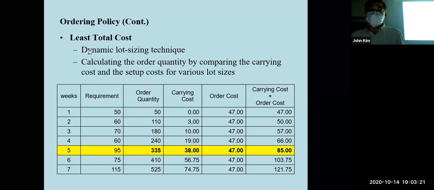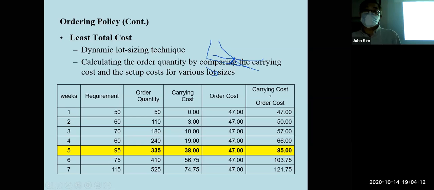From this idea, as we increase the order size, the ordering cost decreases but the carrying cost increases. So when the ordering cost and carrying cost meet at this point, the least total cost or unit cost.